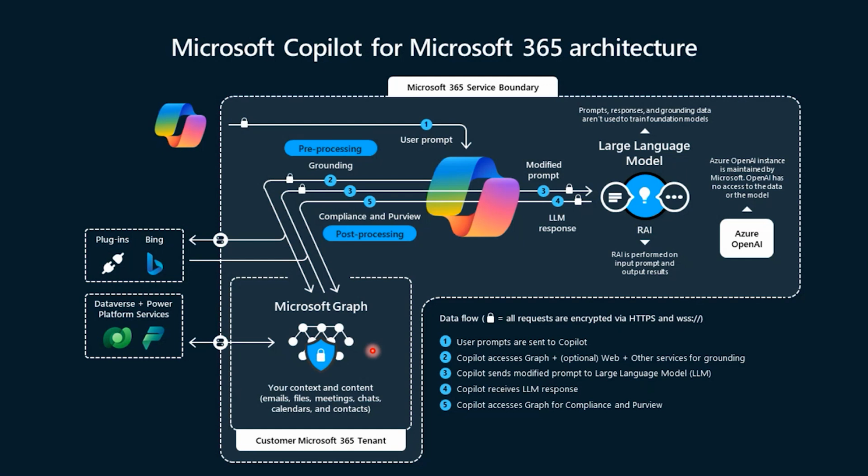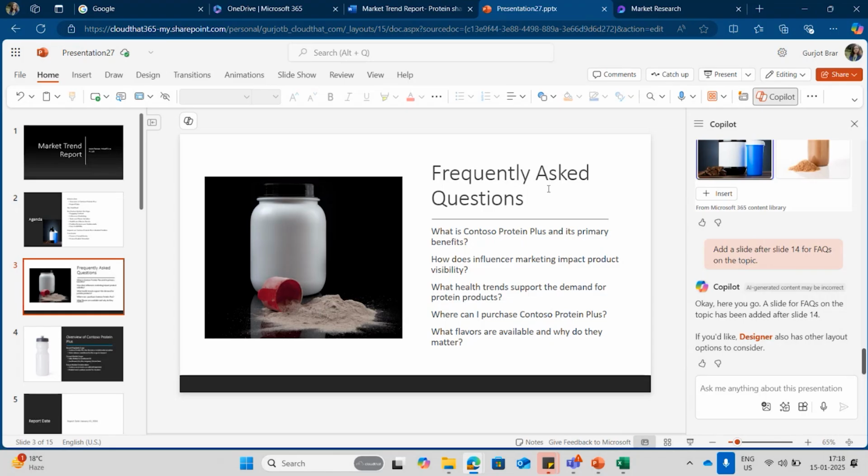Secondly, there is Microsoft Graph. Third, M365 applications and Copilot services. Now, let's first understand these key components, and then we will see how M365 Copilot works. That is what we have covered so far.